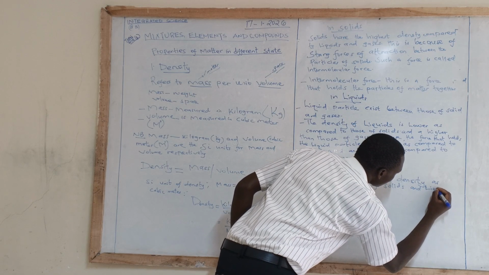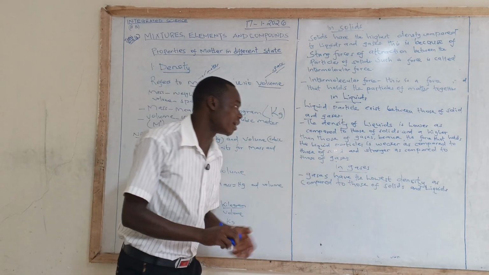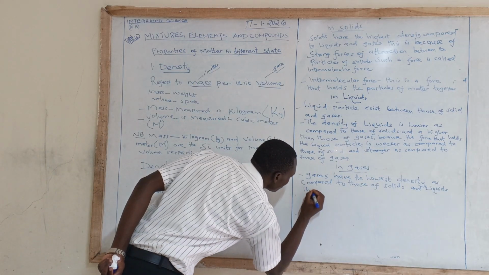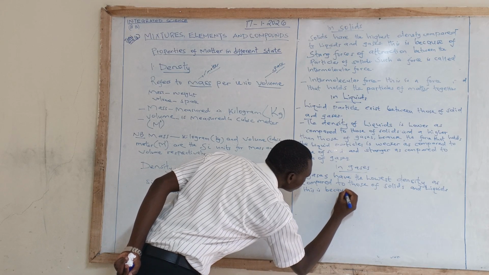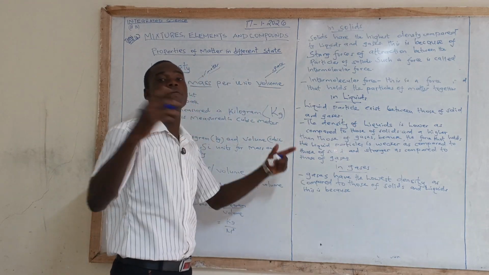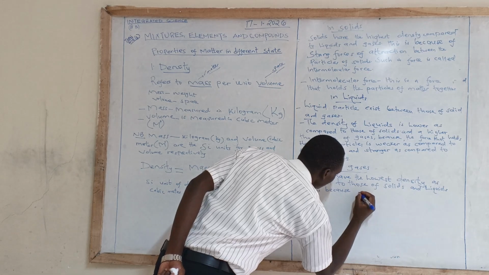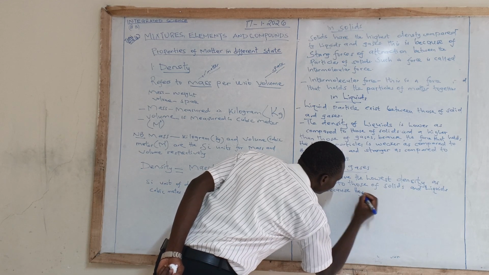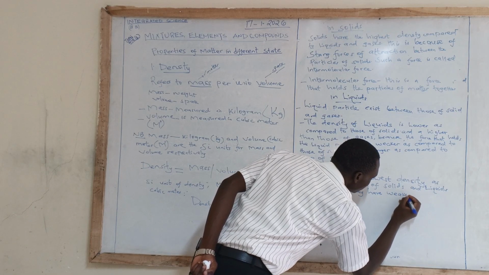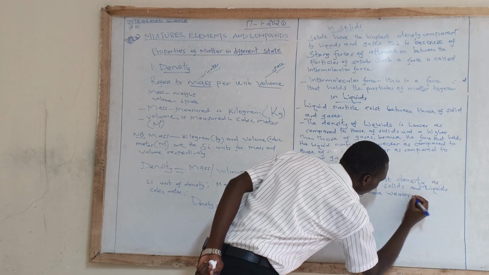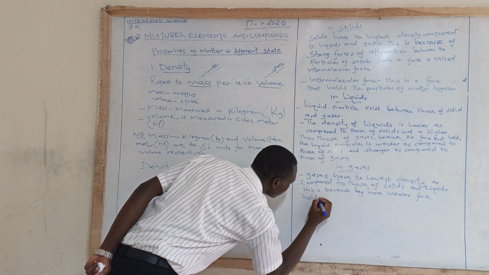Now, why is that happening? This is because the particles move freely and therefore they have a weaker force of attraction. The weaker force holds the particles together.